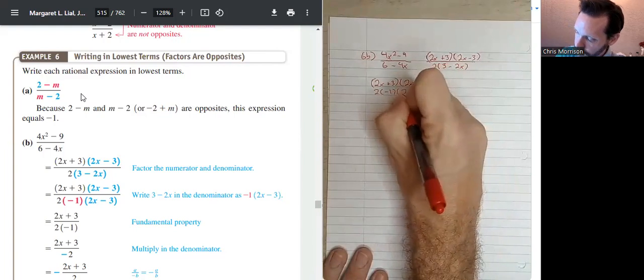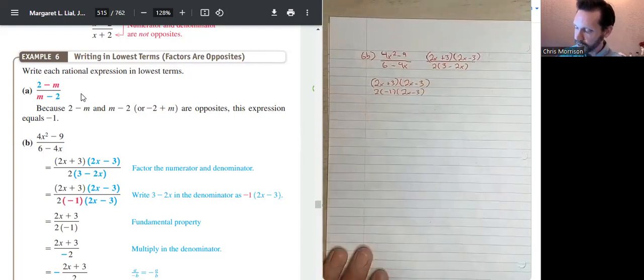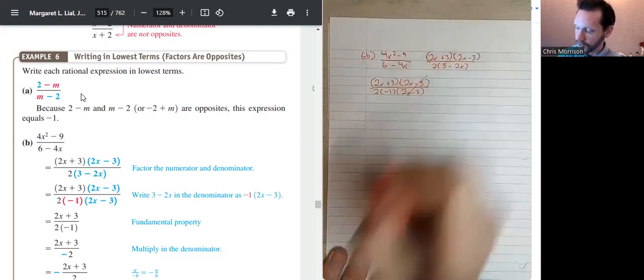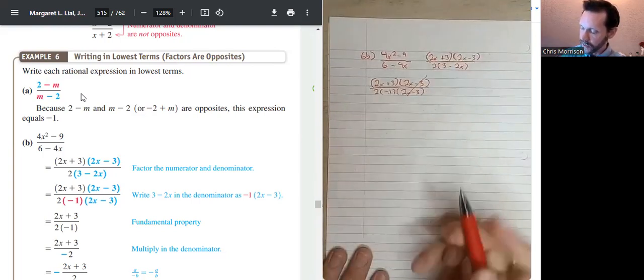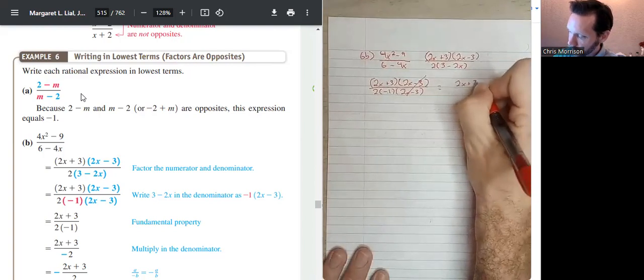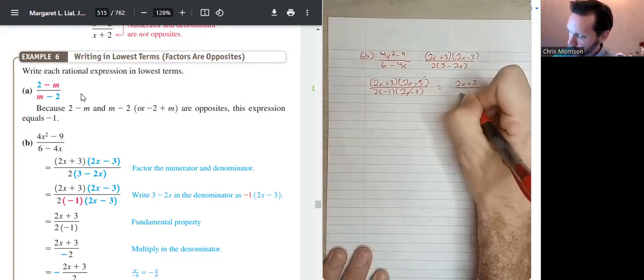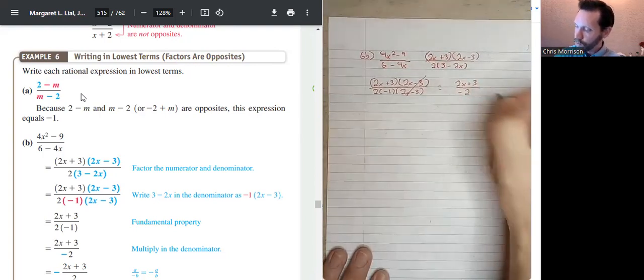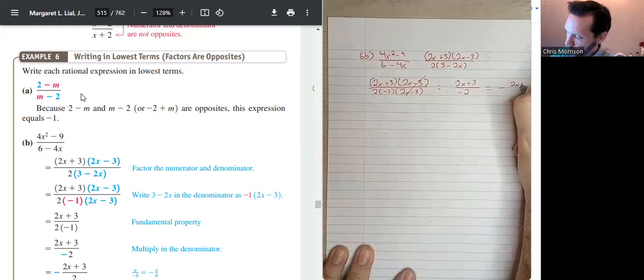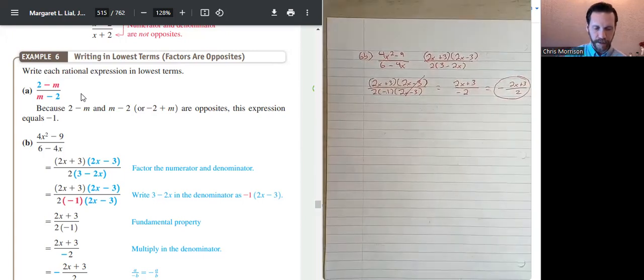That's going to be 2x minus 3. All right. And now I can just cross these out. 2 times negative 1, it's going to be 2x plus 3 over negative 2, which is just the same as negative 2x plus 3 over 2. And that becomes my answer.